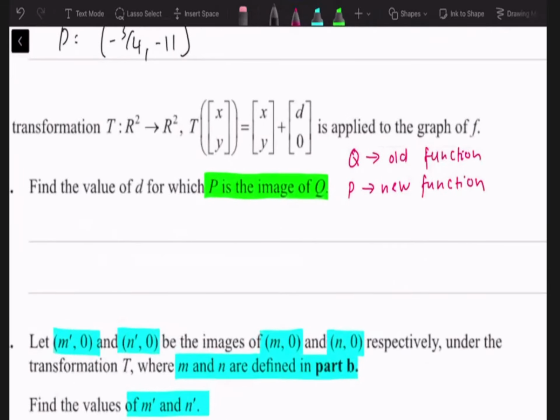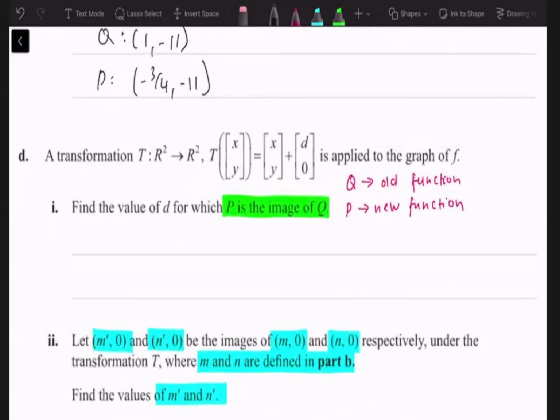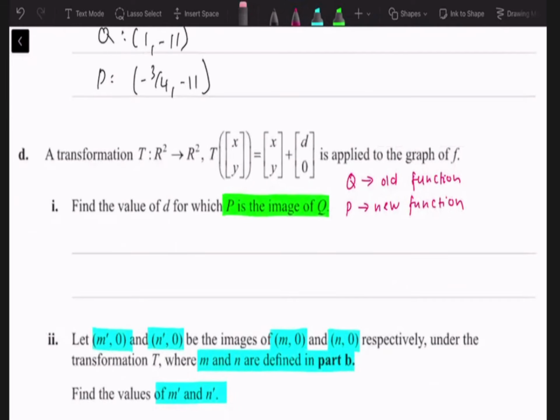So there's a new transformation and it's applied to the graph of f. P is the image of Q. So that means that if P is the image of Q, P is the new one and Q is the old one. So P is the one that's been transformed. For this question, just do your normal translation. So x' is x plus d, and y' is just y.